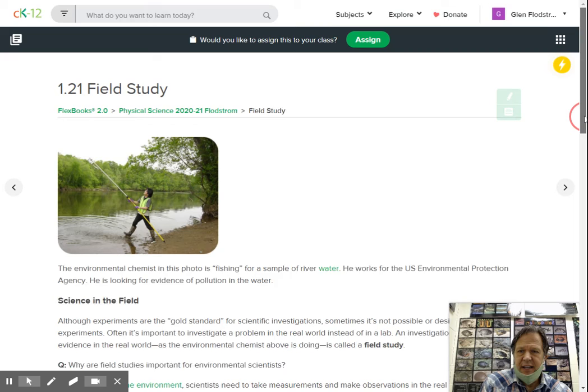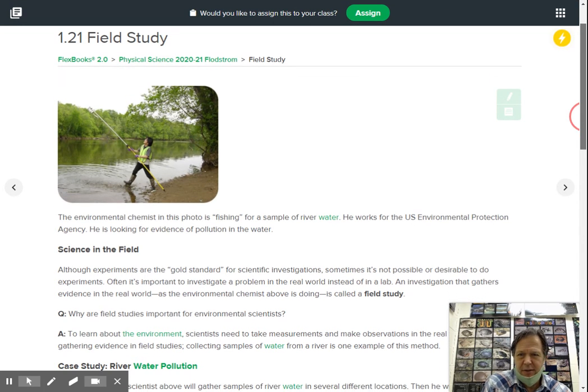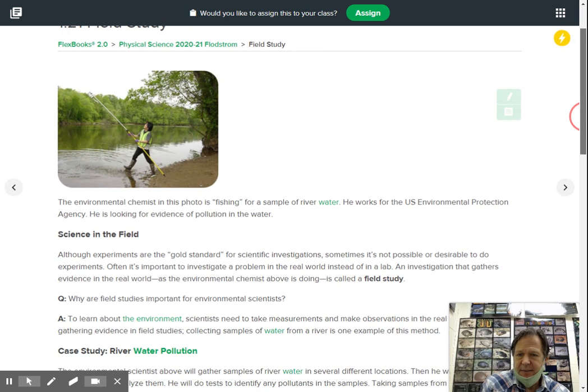Let's go to the last one. This is field study. Some kids don't know what it means to be a field study. That's where you're actually out there. A lot of times you can do experiments in the lab setting, fine, but oftentimes it doesn't lend itself to that. So you have to be out in the field, so that means in the location, if that makes any sense.